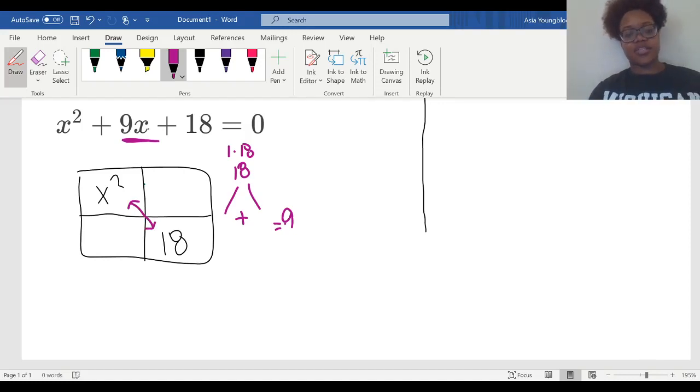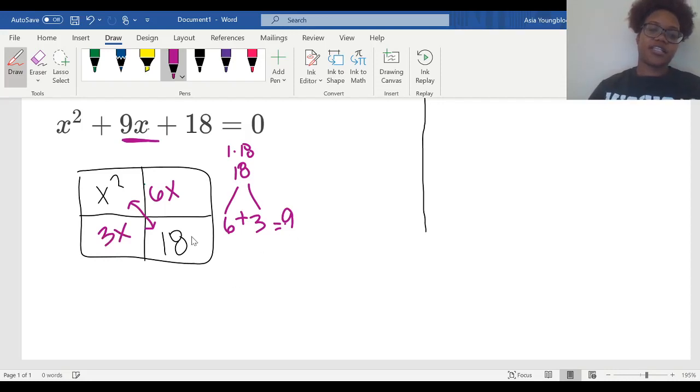So our two numbers that multiply to 18 and add to 9 are 6 and 3. Just to verify, 6 times 3 is 18, 6 plus 3 is 9. So we get 6x and 3x. Again, these two boxes or terms add to equal 9x and multiply to equal 18. So now we're factoring x and x.